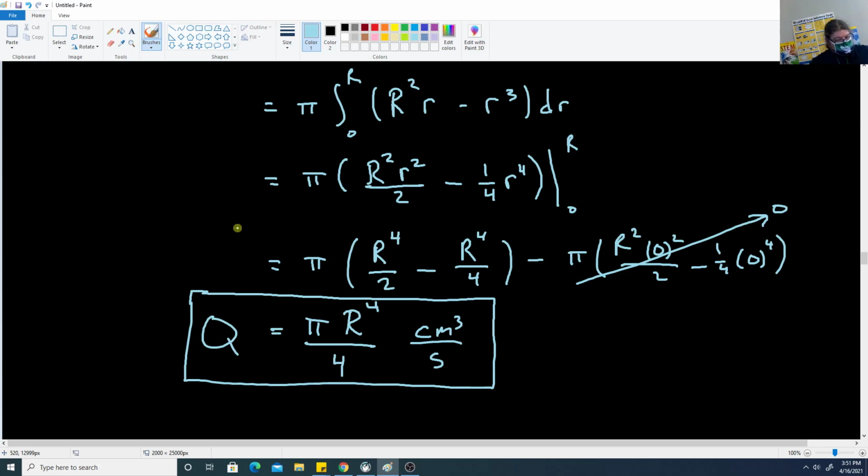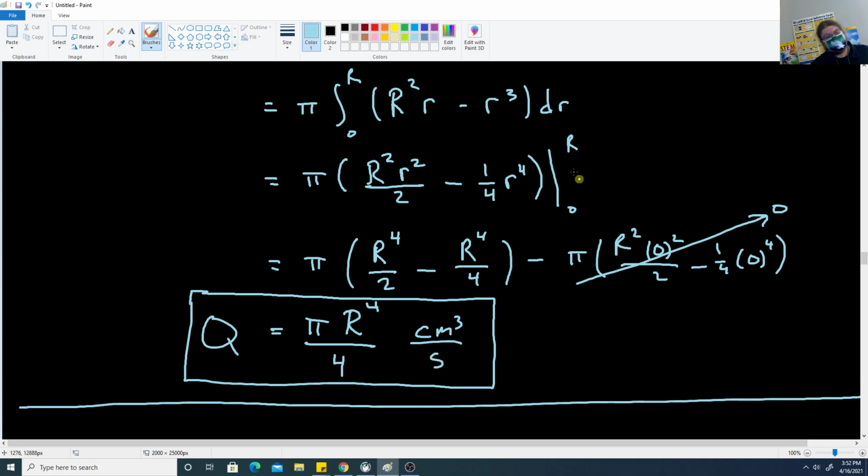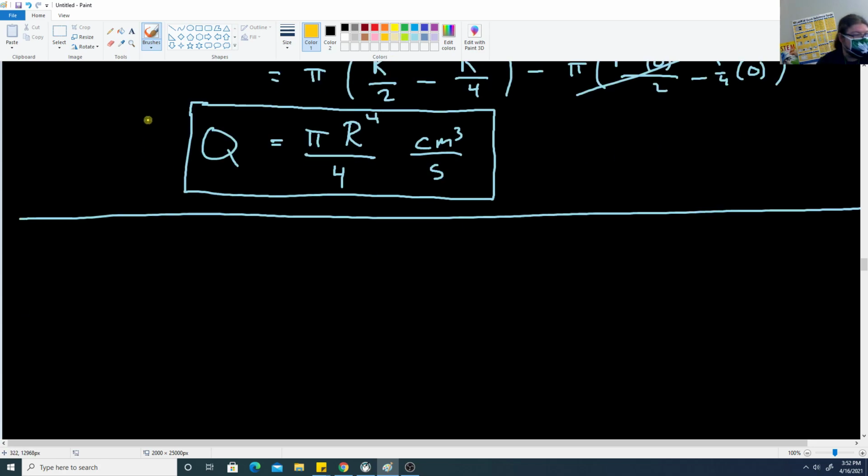Okay, so we're down to calculating the average as an integral. So we're going to define this, and the next thing will finish up this section.